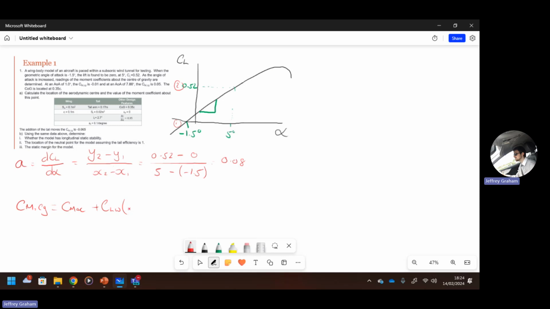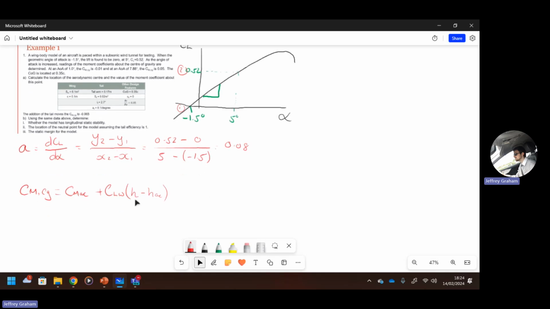I put this in chord length terms: h for center of gravity, hAC for the aerodynamic center. And I'm going to put the respective values in for one angle of attack, and the same thing for the other angle we get told.